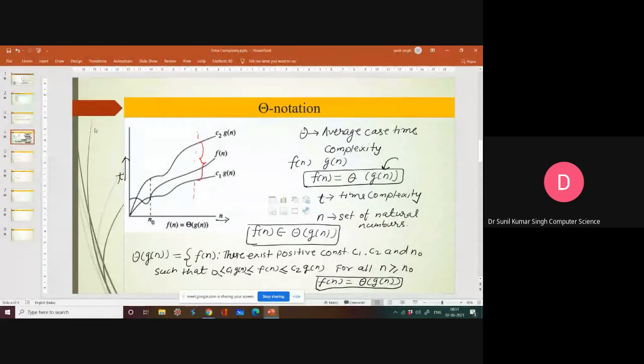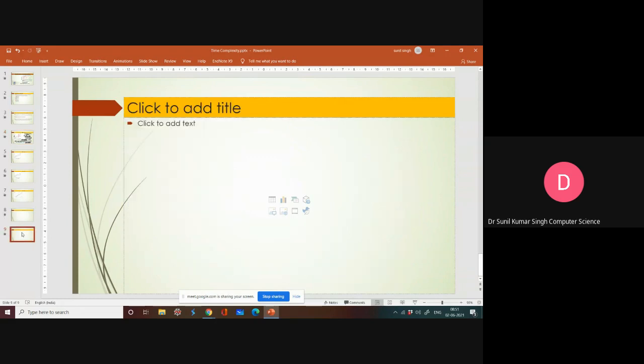If you read this line, there exist some positive constants c1 and c2 and n naught such that c1 g(n) will be lesser than f(n) and c2 g(n) will be greater than or equal to f(n). Then we can express the time complexity of f(n) in terms of g(n).